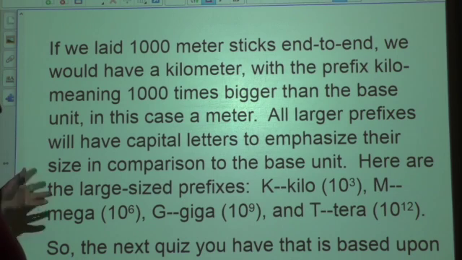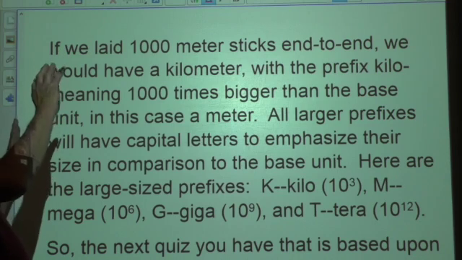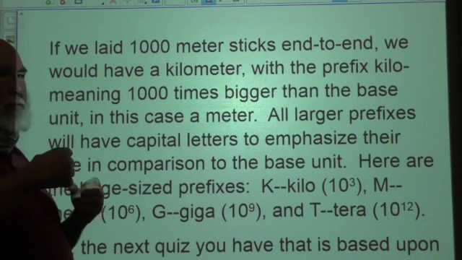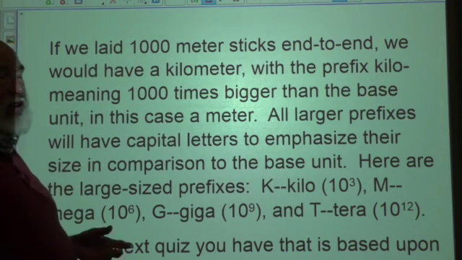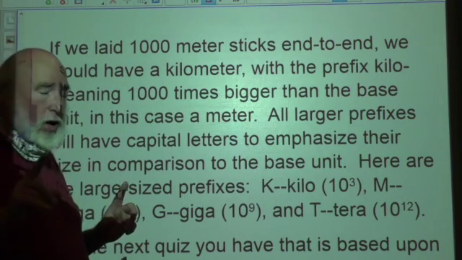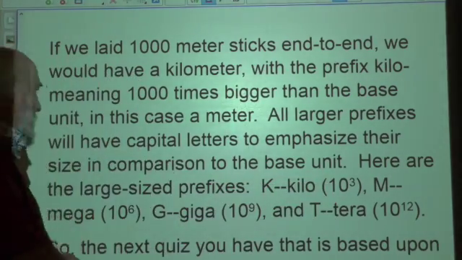The kilo means 1,000. So we're going to use capital letters to represent these to emphasize the fact that it's big. We use the lowercase to emphasize the fact that they are small. Okay, keep that distinction. Kilo is 1,000 or 10 to the third.